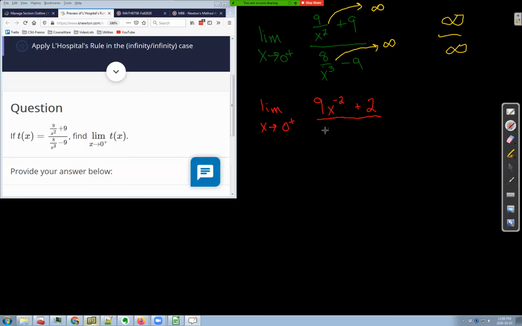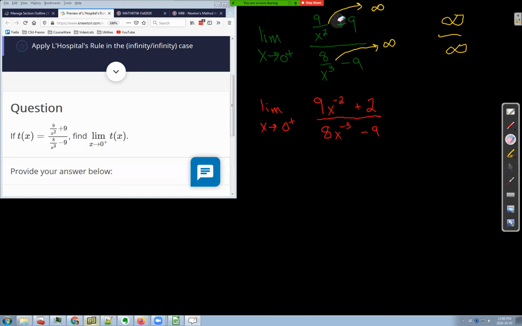And same deal here. Instead of 8 divided by x cubed, I can write 8 times x to the negative 3. And now it'll be much easier to use L'Hopital's rule. Okay, so what I want to point out so far is I haven't really done anything.